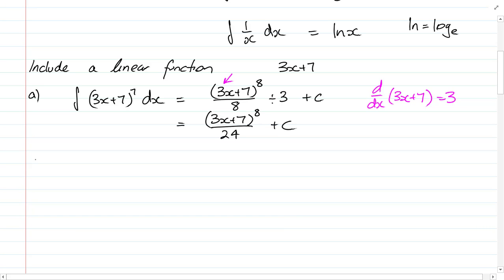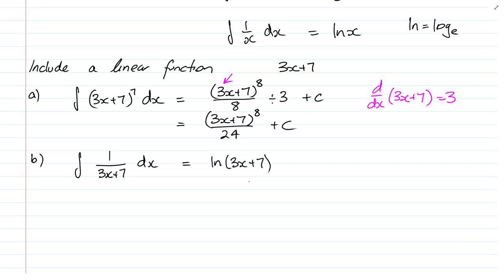Now let's say we had this question, b. The integral of 1 over 3x plus 7 dx is equal to this. Now we've got that 1 over 3x plus 7, and we can write that down as log of 3x plus 7. But again, in this case, we have to be very careful because it's not just log of x, there's a 3x plus 7.